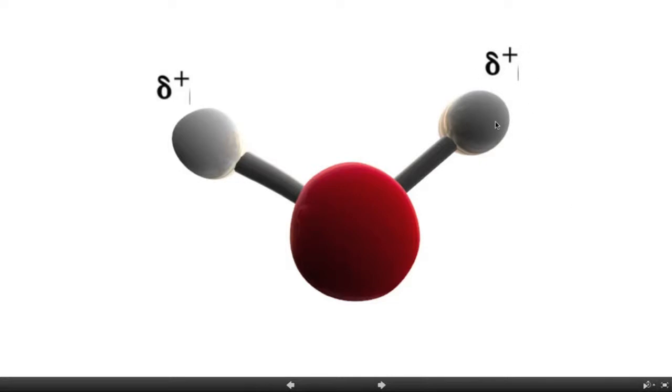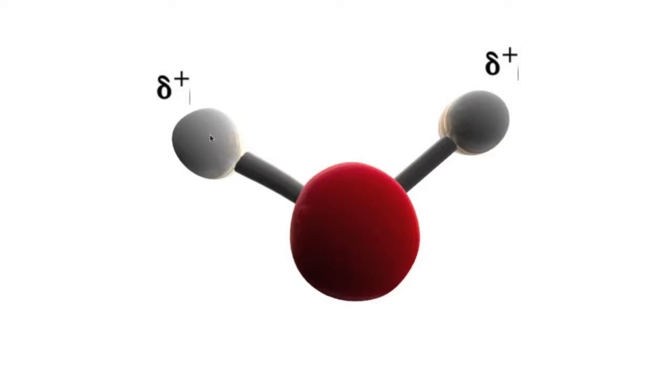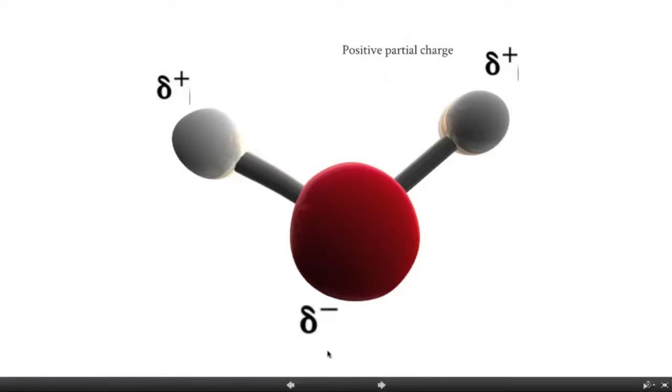The hydrogens have a positive charge, so this end of the water molecule has a positive partial charge. So positive on this end, but down here near the oxygen, there is a negative charge. So down in the oxygen, we have a negative partial charge.